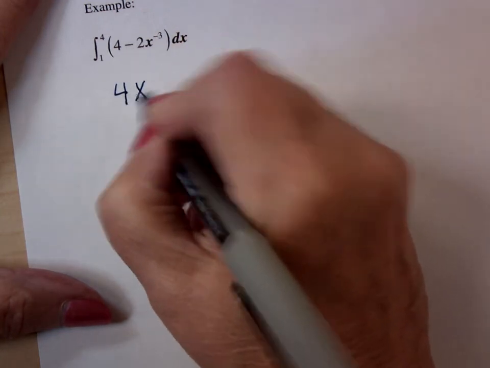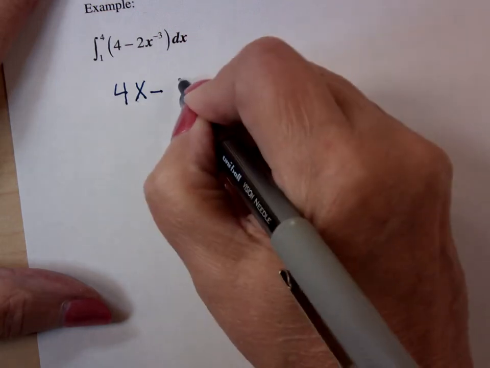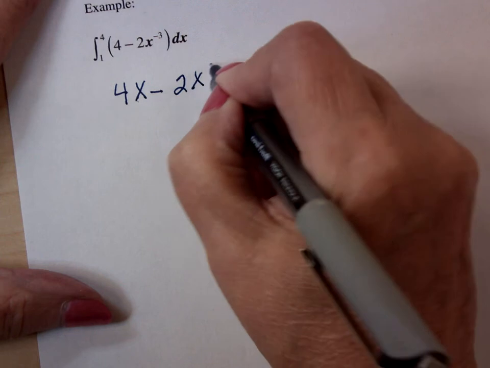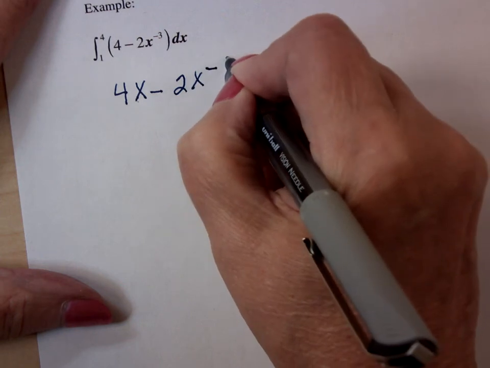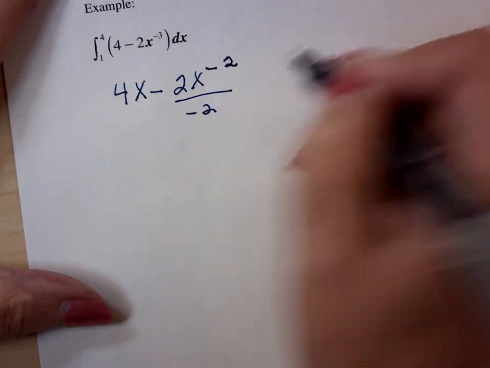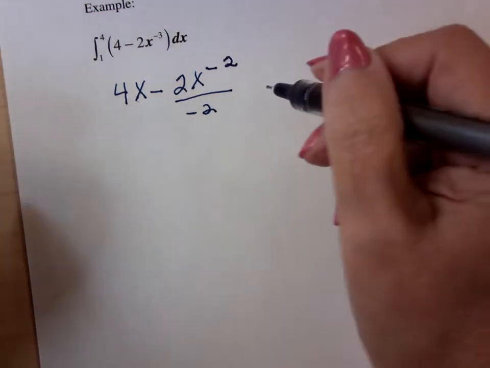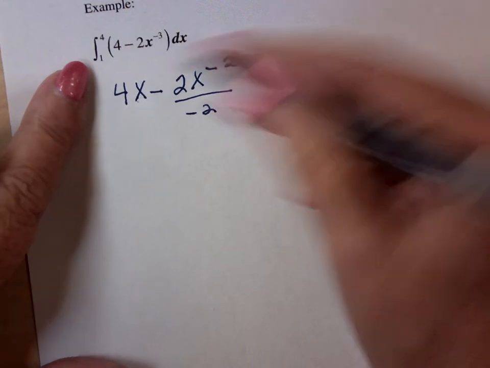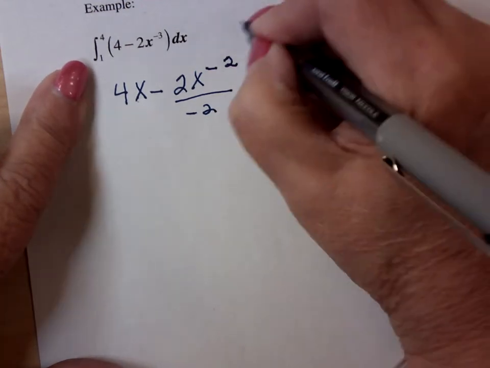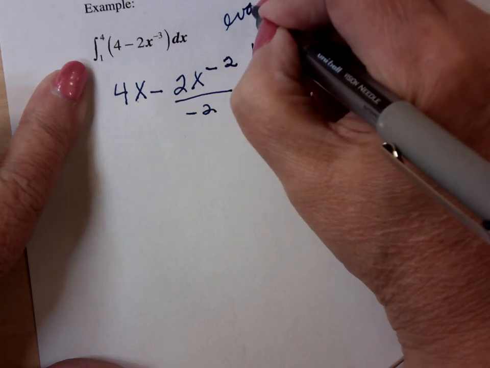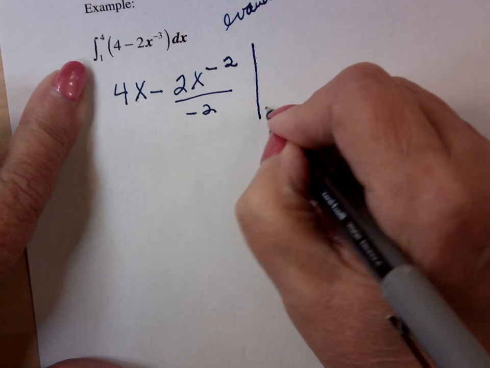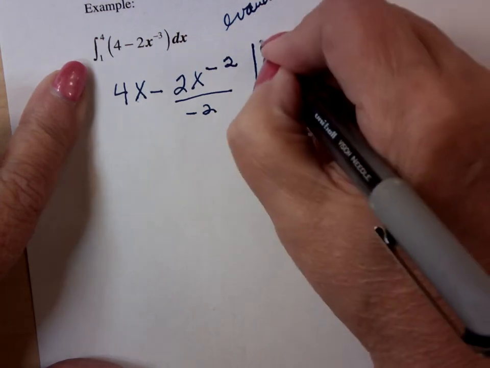4x minus 2x to the negative 2, right, over negative 2. Now we won't need the plus c. I'll explain to you why we don't need that. Then we normally would say this is evaluated from 1 to 4.